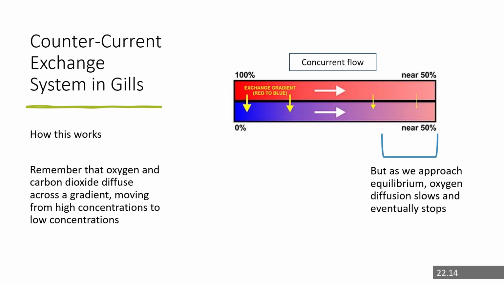But as that diffusion occurs and the blood and the water are moving along beside each other, we eventually reach a point where the concentrations are equal between the water and the capillary. So at this point, diffusion stops. You can see that we've only extracted half of the available oxygen from that water.